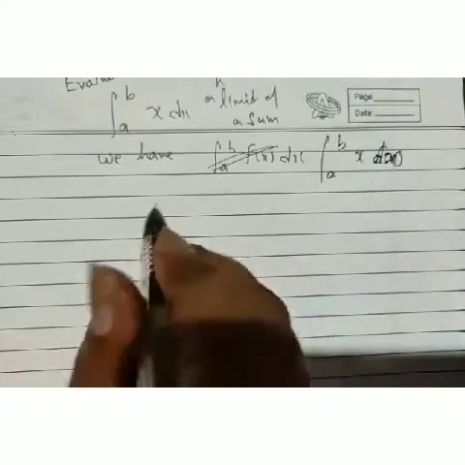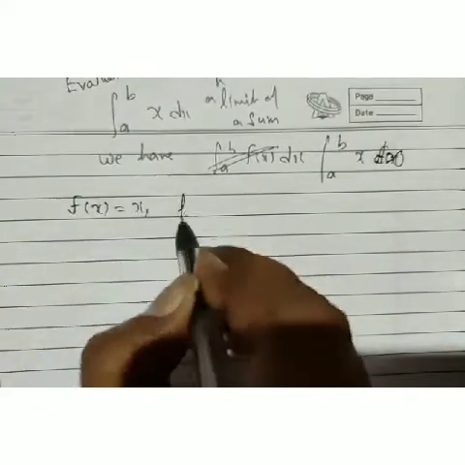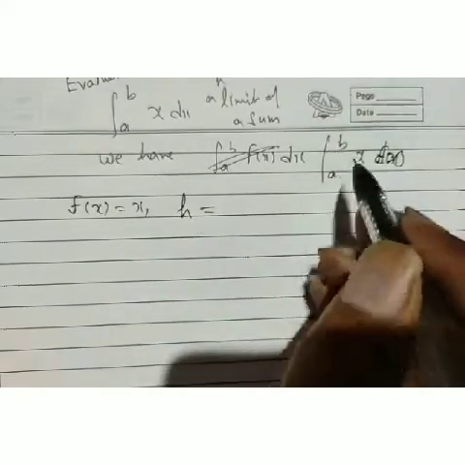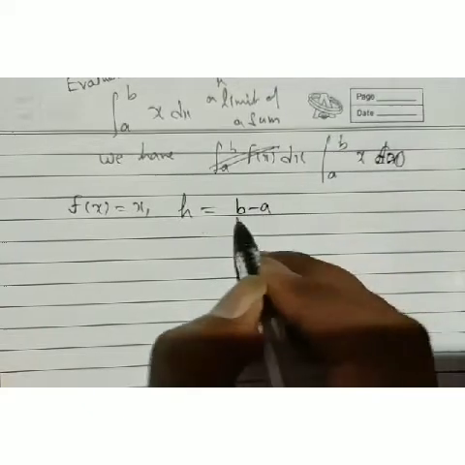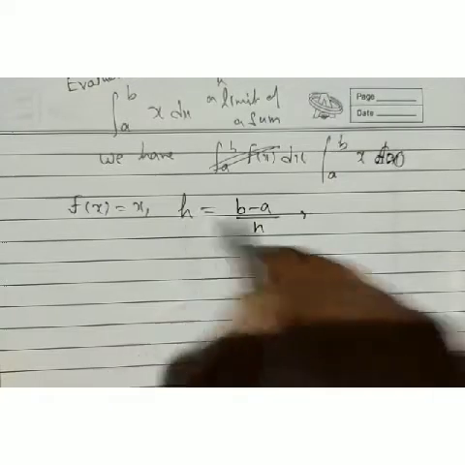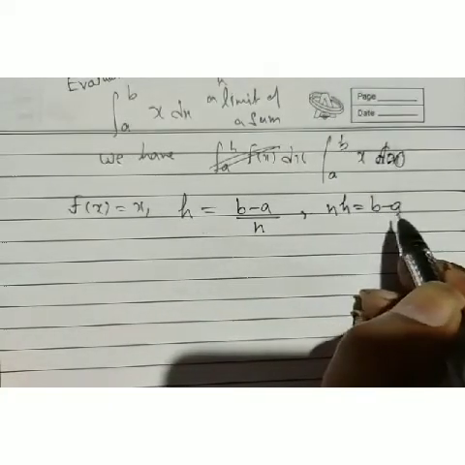Now look what we have: our f(x) equals x here. Our h, I have already told you, is given by the difference between the upper limit and the lower limit divided by n. From here we get n h equals b minus a.